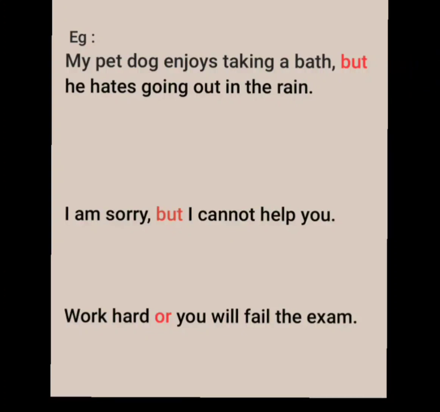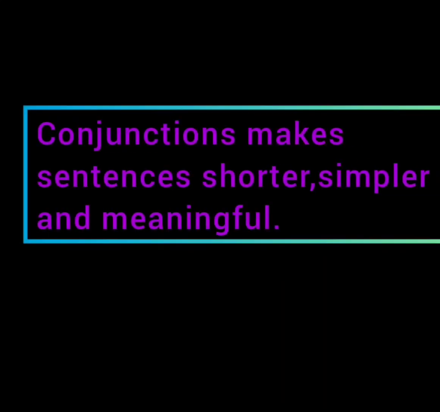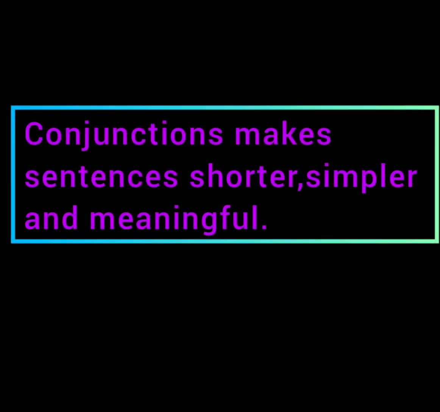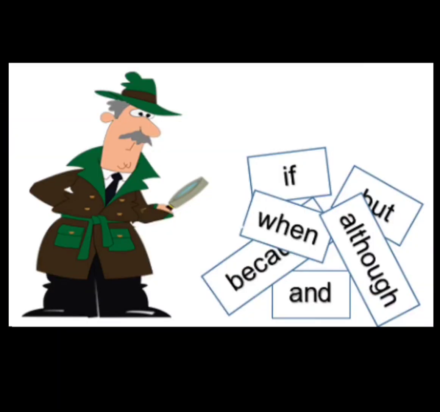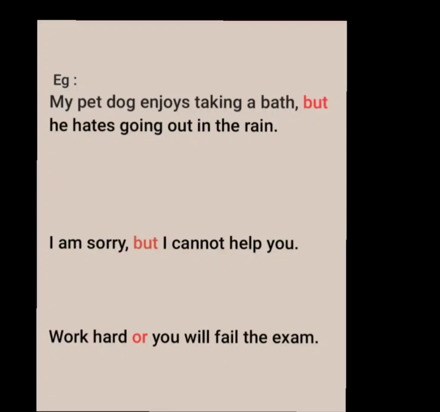So students, sometimes it happens that we have different sets of sentences, right? But just to make them shorter, simpler and meaningful, we need these conjunctions so that we can add them in between and combine our sentences, right? So rather than taking two independent sentences, we can convert them into one, okay?